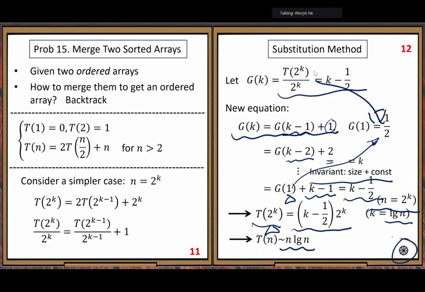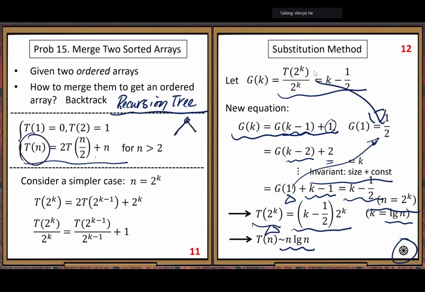For the general case, there is a method. We call it the recursion tree method. Because of this recursion, we can draw a tree. Each node corresponds to the current T function evaluation.